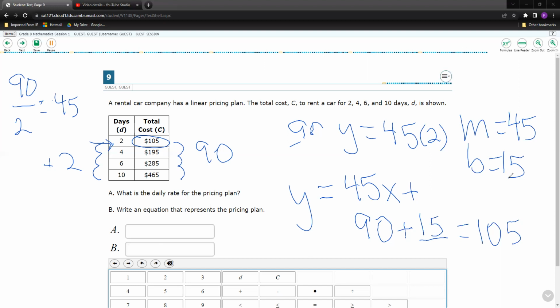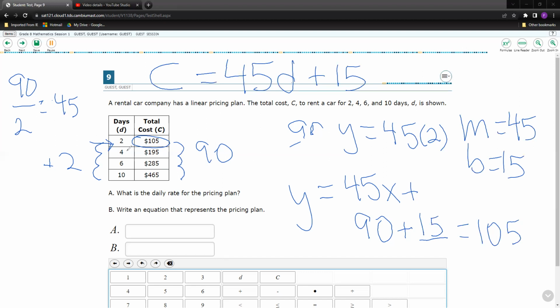The equation should be, in this case, y, which is C, equal to $45 per day D plus the $15. That's my difference to reach what the table is telling me.